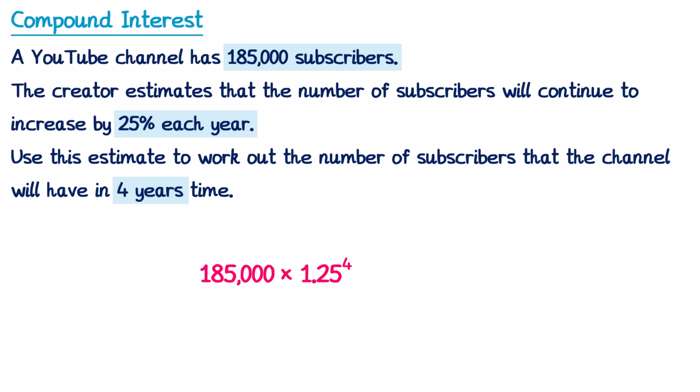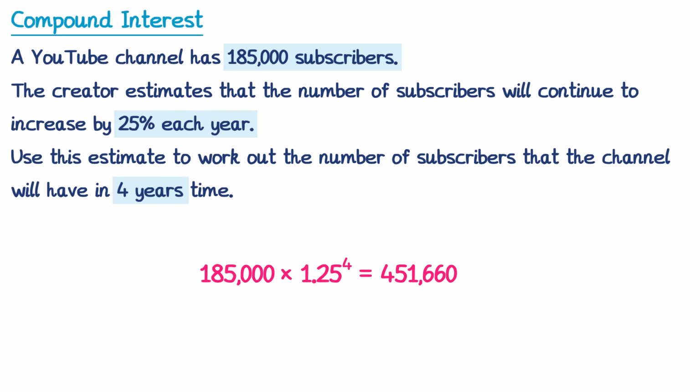If you do this on a calculator, you'll end up with this number here. Now, since this number represents the number of subscribers, it must be an integer. You can't have a decimal amount of people. So we will round this to the nearest whole number, which is 451,660. So even though this question wasn't about money or investments, its calculation is still the same as compound interest.